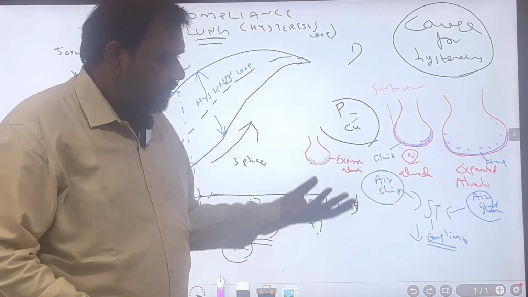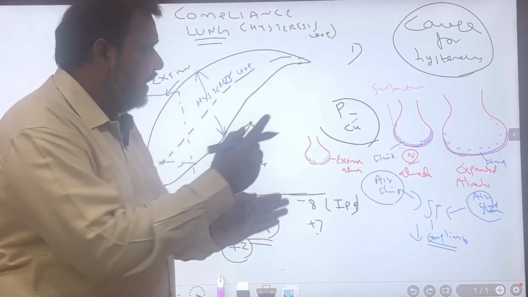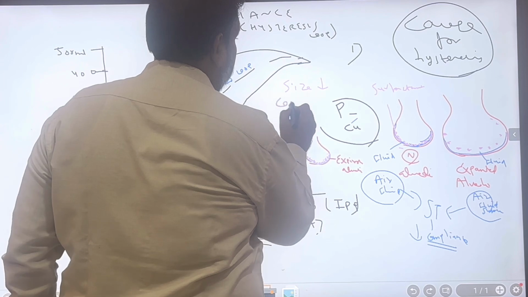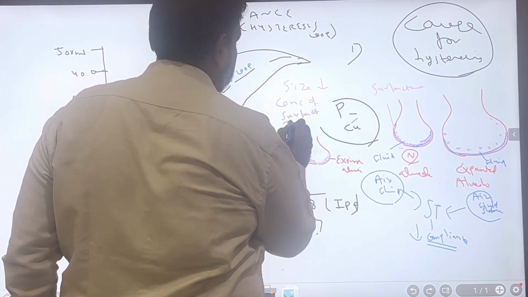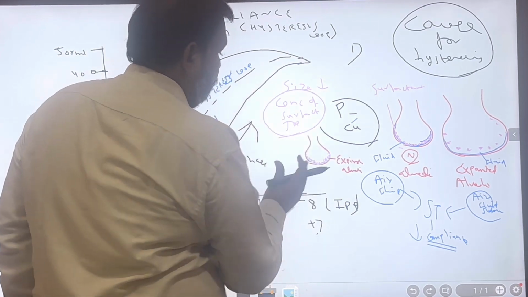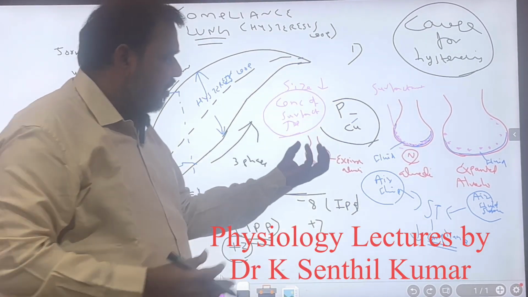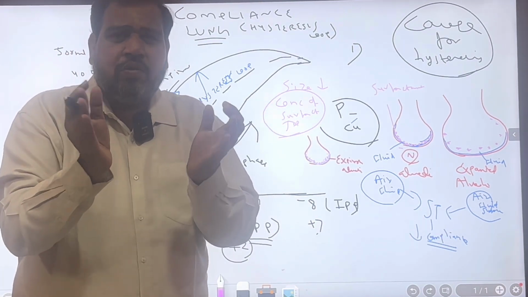Once you expire, the alveoli size decreases. As size decreases, concentration of surfactant increases. Please note it down. Almost like coming towards each other. They are very close to each other. That means concentration is more.